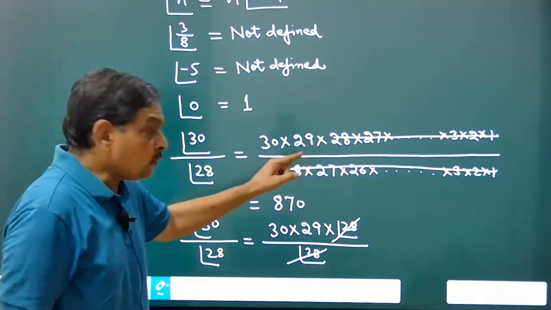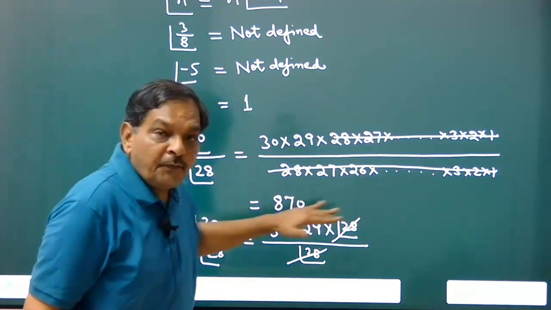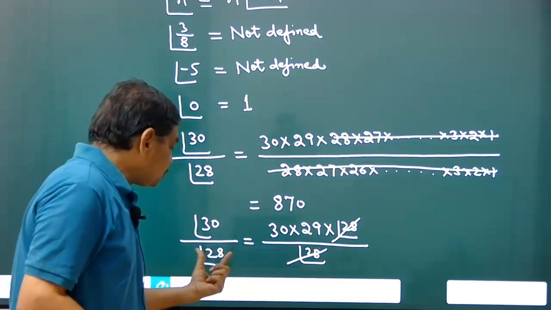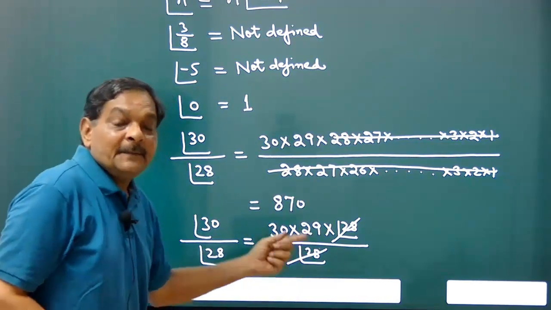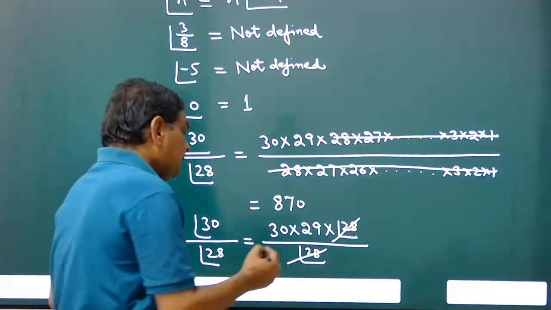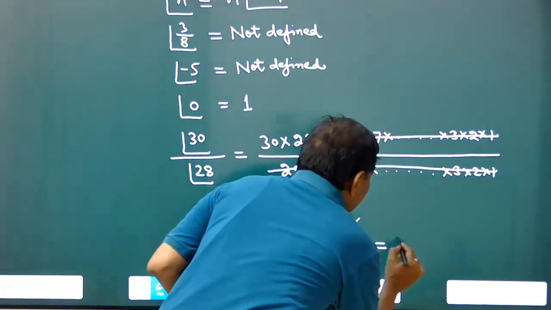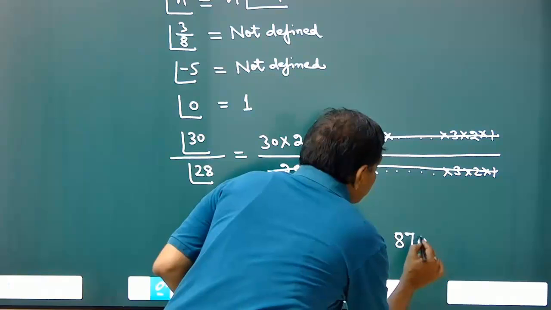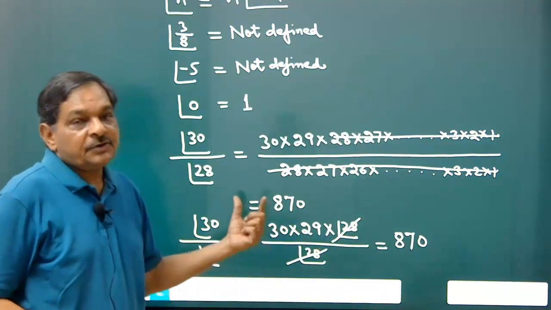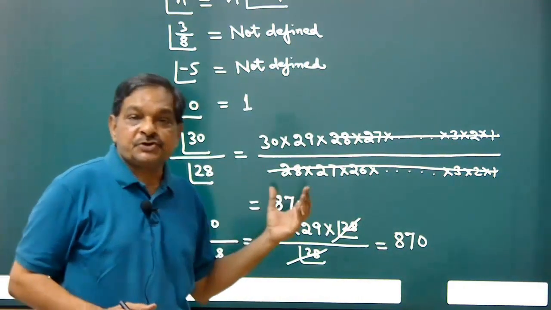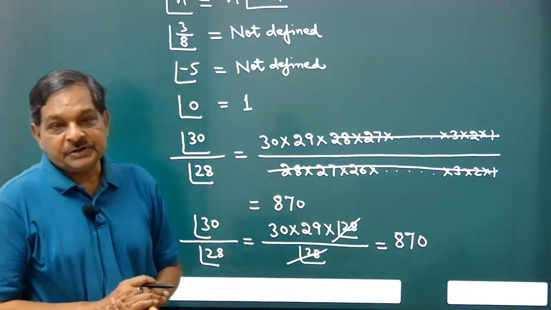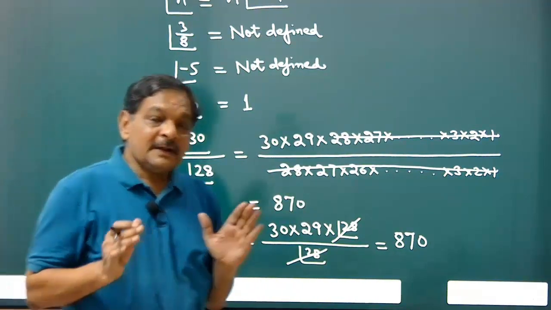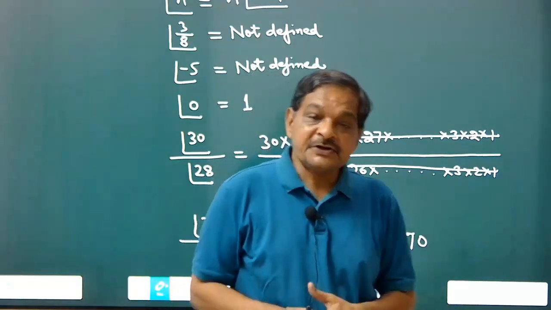Rather than doing the full exercise, I can solve it in this manner, which is a very convenient method, and I obtain the same value, which is 870. Such exercises are normally done when we solve questions on factorial notations. I hope that you have understood the factorial notations.